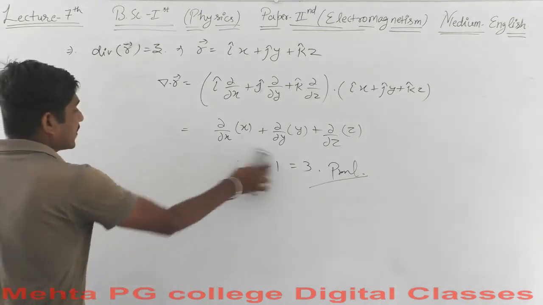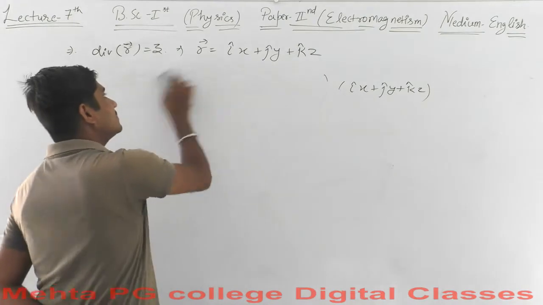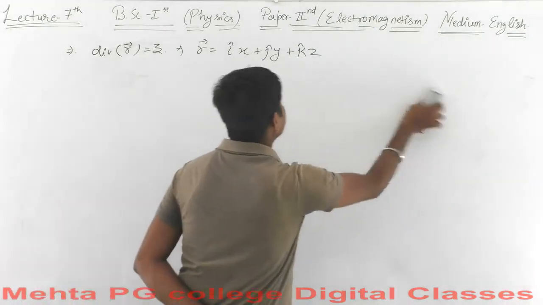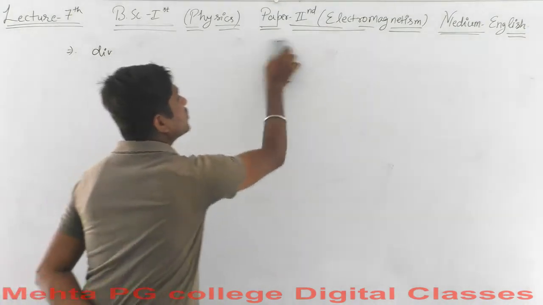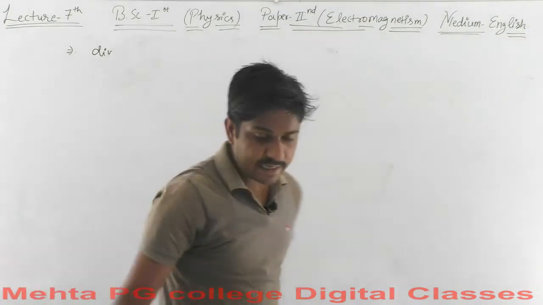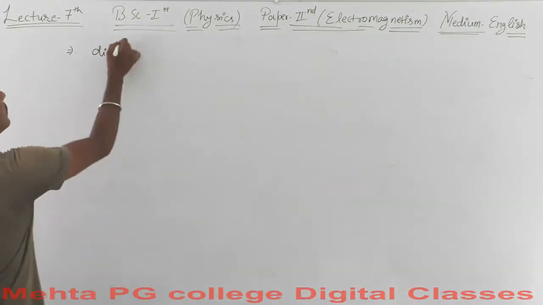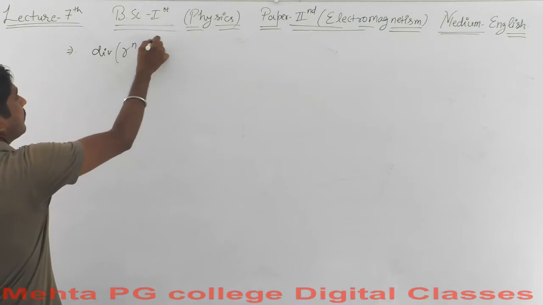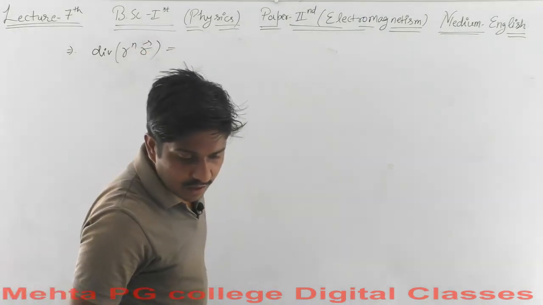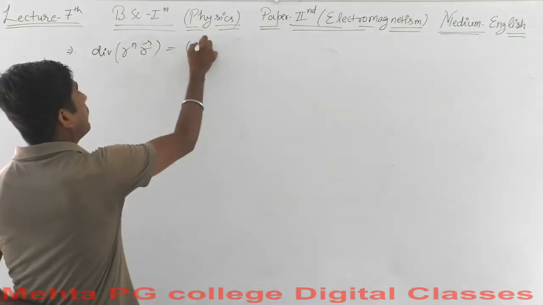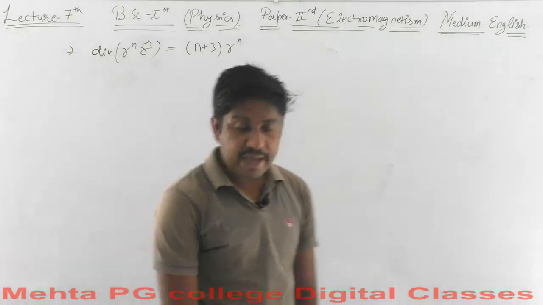Okay, according to our tradition, let's clear this off. This time we are supposed to prove that the divergence of r power n r vector is equal to n plus 3 r power n.